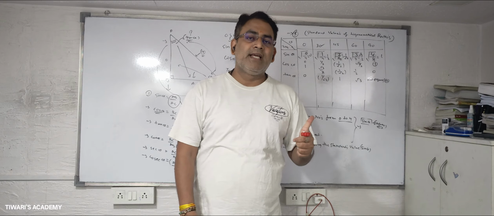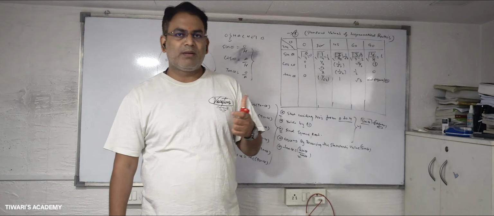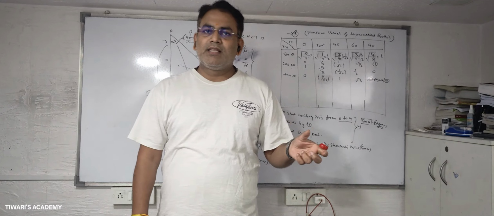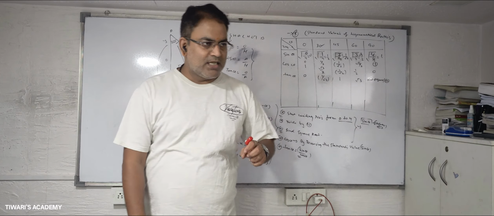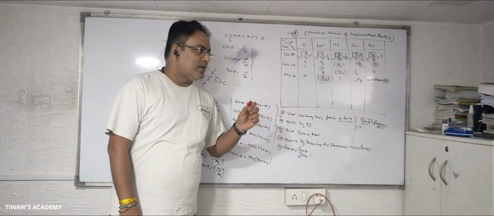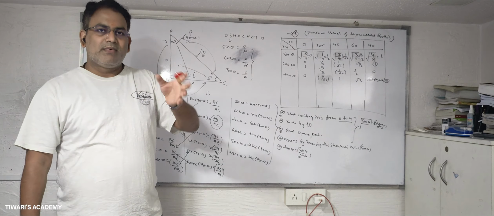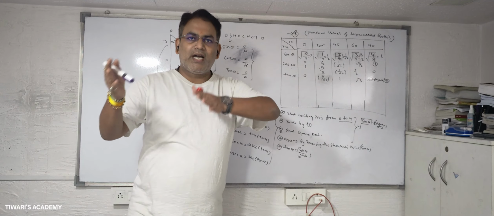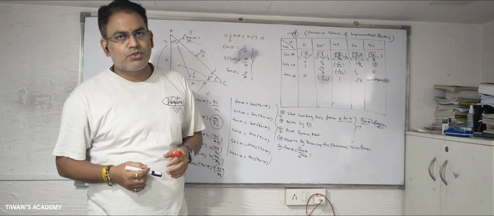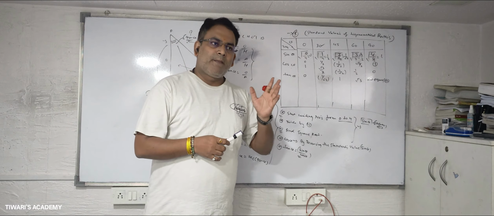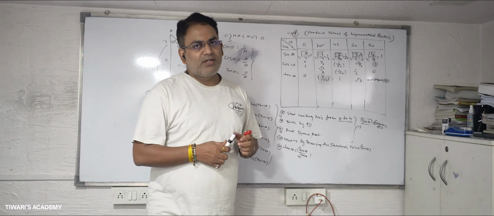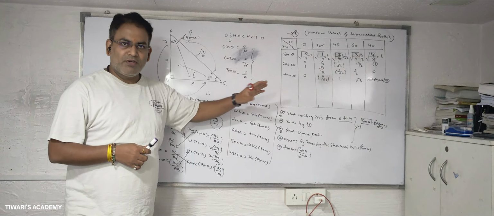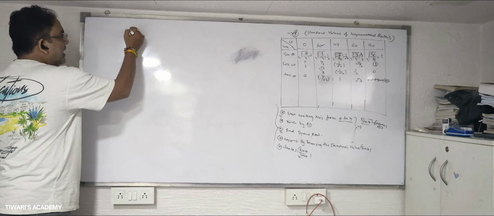One is the identity part, in which they will be proving RHS and LHS, and the second part is heights and distance. Heights and distance I will do later, during the class itself. But before we go to heights and distance, I want to show what is the identity of trigonometrical ratios. Okay, so I hope this much is clear with everyone. We are doing identity.